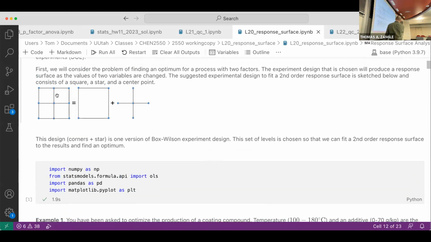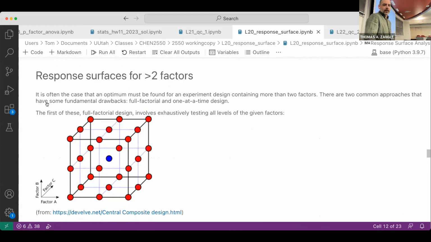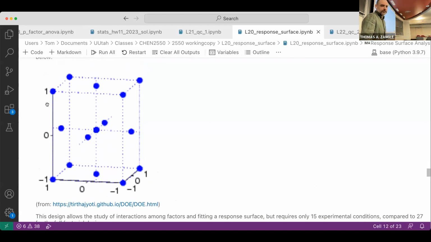When we were fitting a response surface in terms of two factors, what we ended up with was just a full factorial design at 3 levels. But when we're going to higher dimensions, we don't have to do a full factorial design if we are trying to fit a response surface. So the analogous kind of star plus box, in this case, is a 3D star plus cube design. This is the Box-Wilson design.